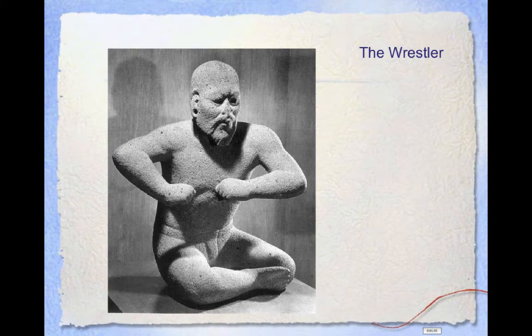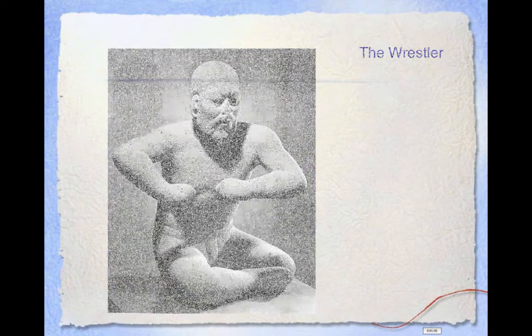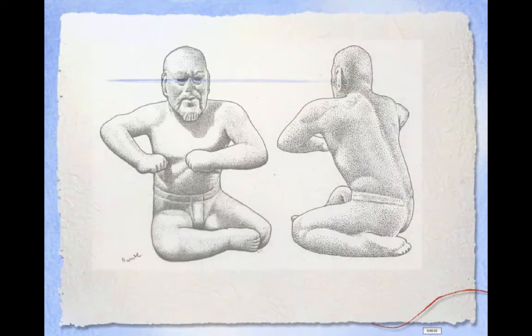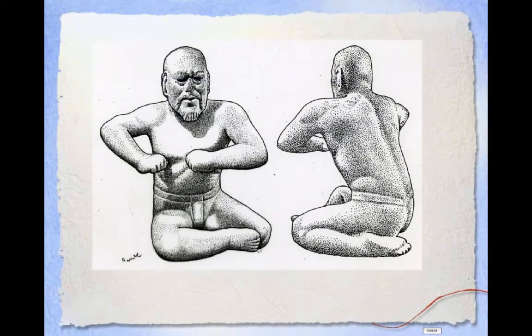Let's take a look at another side of this image. These drawings show the front and back of the wrestler. These drawings were made by archaeologists. They are made to be scientific observations of the artwork. Please take a look at the soft undulations of the skin that covers the muscle.